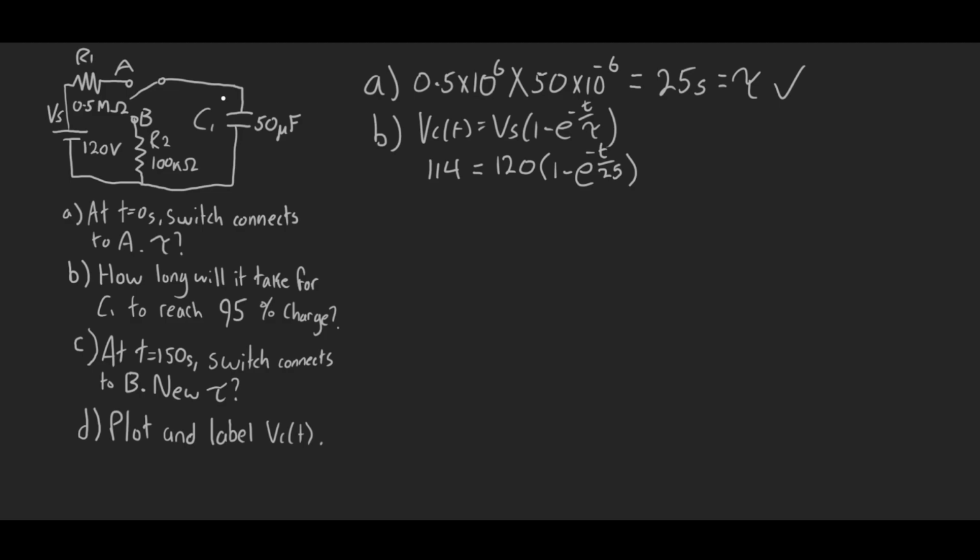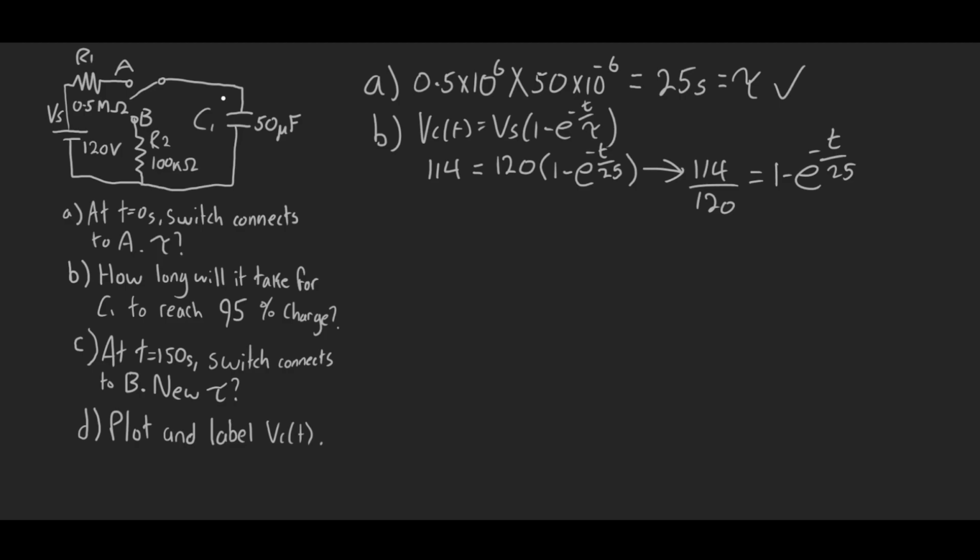And the objective here is to rearrange for t. So we start by dividing both sides by the voltage source, 120. 114 divided by 120 is equal to 1 minus e to the minus t over 25.